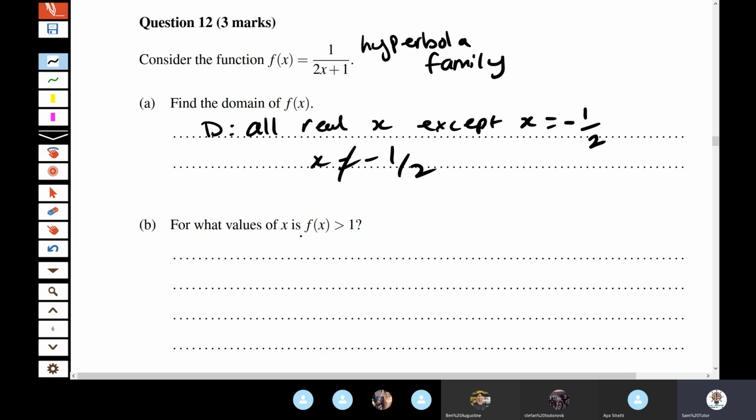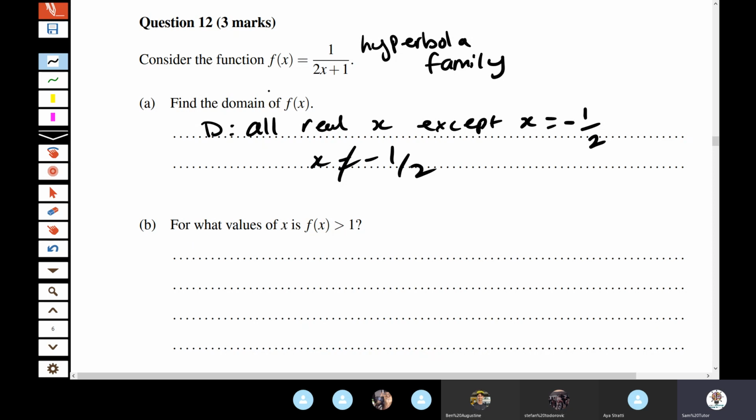For what values of x is the function greater than 1? What would you do? How would you guys do B? What values of x is f of x greater than 1? Any ideas? Super simple. What would you have done?